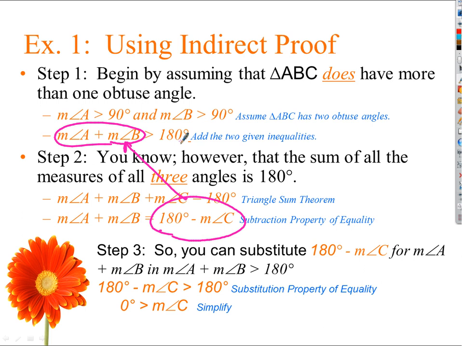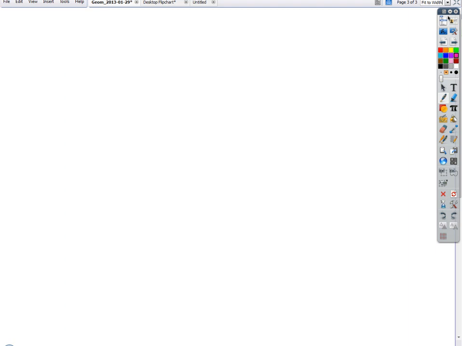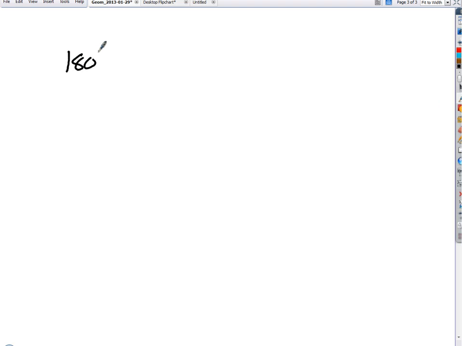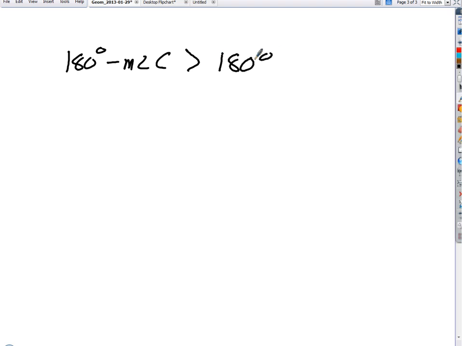Let's go ahead and add the measure of C to this side. Here's the statement that we have: 180 degrees minus the measure of angle C is greater than 180 degrees.